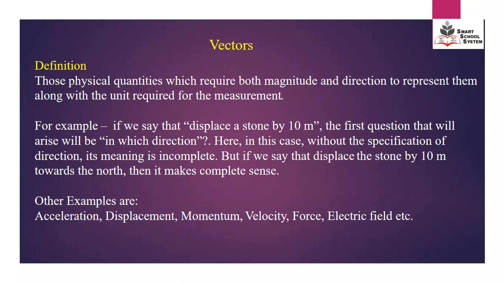But if we say that displace the stone by 10 meter towards the north, then it makes complete sense. Here in this example, 10 is the magnitude, meter is the unit, and north is the direction. As in definition, we require magnitude, direction, and the unit. Other examples are acceleration, displacement, momentum, etc.